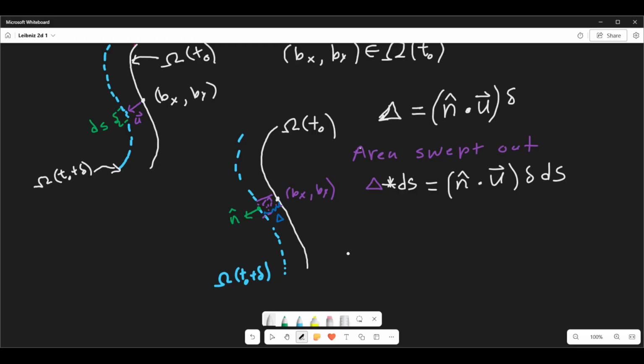And then there's another trick that's important here. And so then the question is, what is the volume swept out?